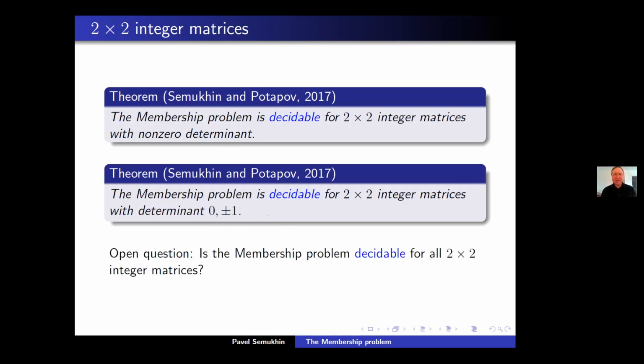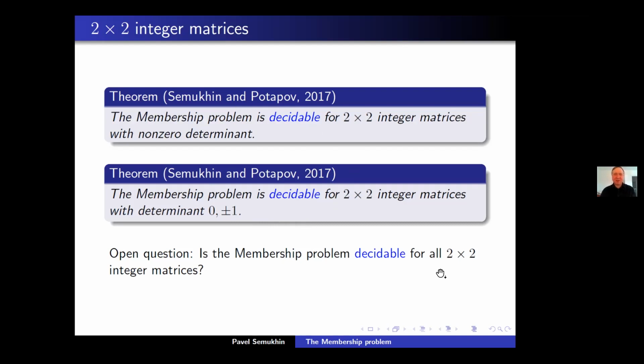And this leaves an open question whether the membership problem is decidable for all 2 by 2 integer matrices with arbitrary determinant. It might look like it would be possible to somehow combine these two results to get a proof for the general case.